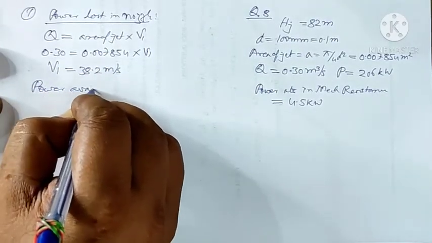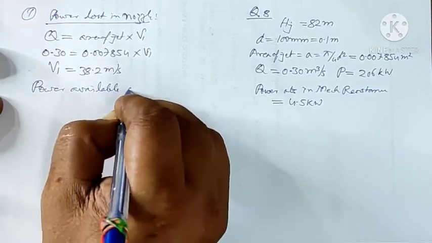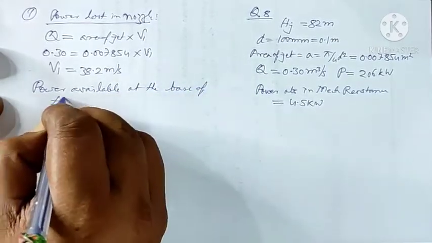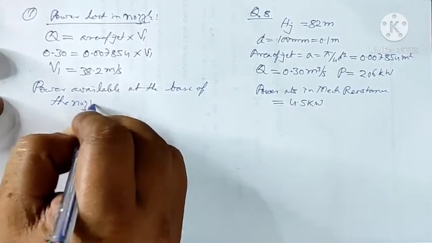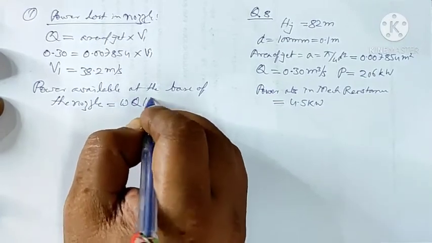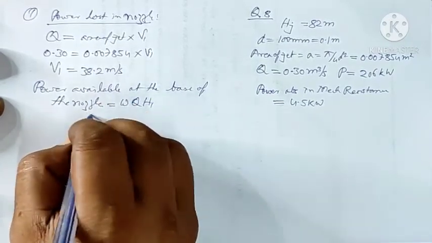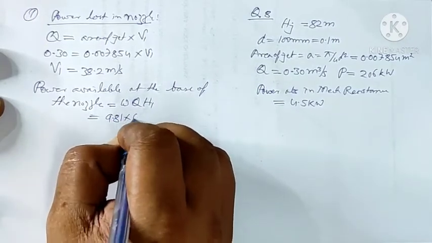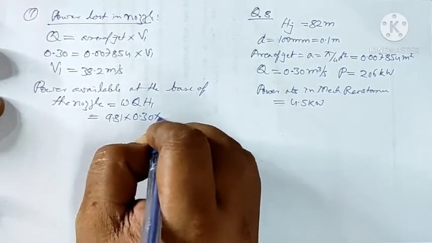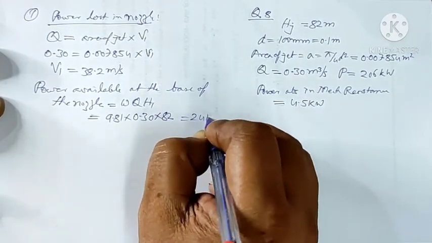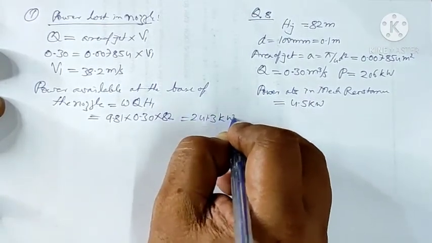Now power available at the base of the nozzle is given as WQ into H1, that is equals to 9.81 multiplied by 0.30 multiplied by 82. So it is 241.3 kilowatt.